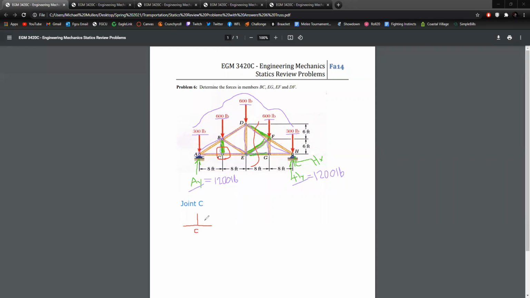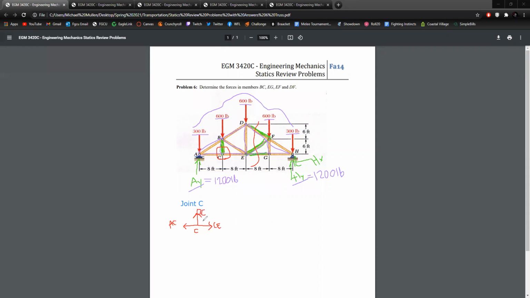This is C. This is going to be a cut, and there's our cut, where this is AC. This is CE. And we have BC.